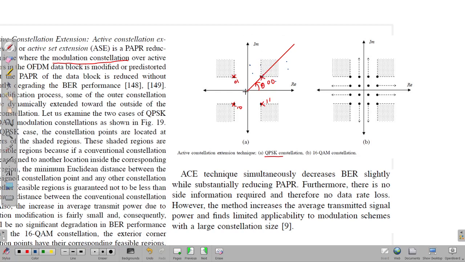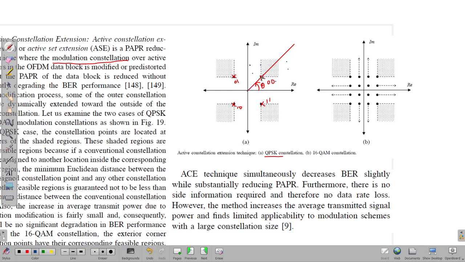You know that the amplitude of each of these constellation points is proportional to the distance from the origin of the constellation. So if the distance reduces, the amplitude reduces, and if the distance increases, the amplitude increases.